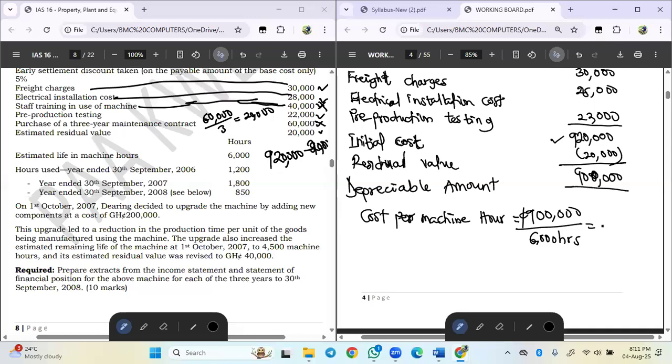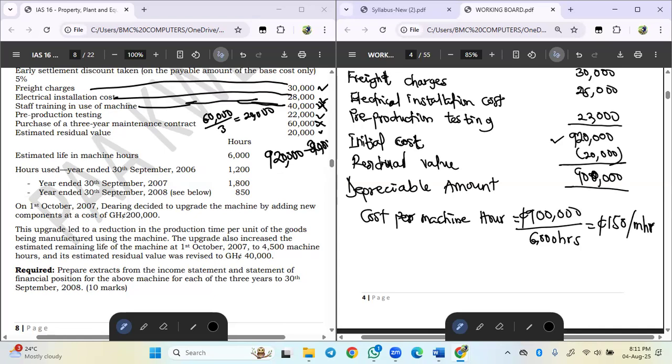So the cost per machine hour will be 150 cedis per machine hour. We are going to use this to determine the depreciation charge for 2006 and 2007.